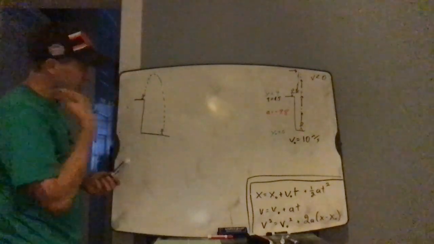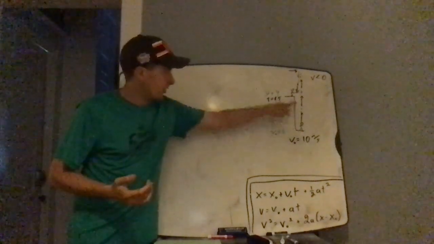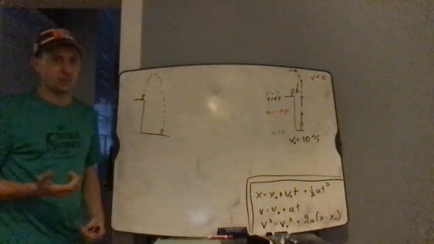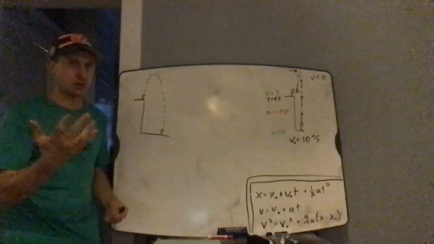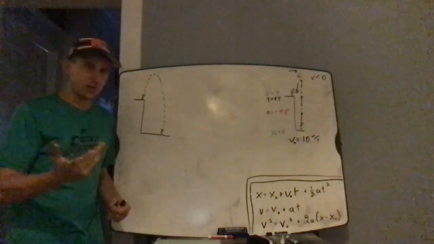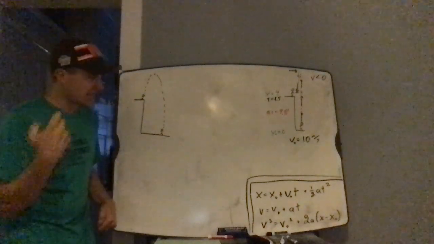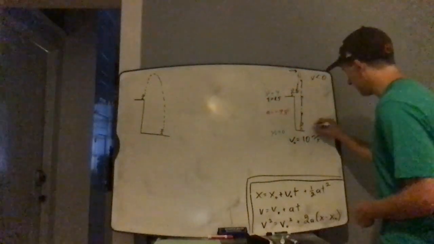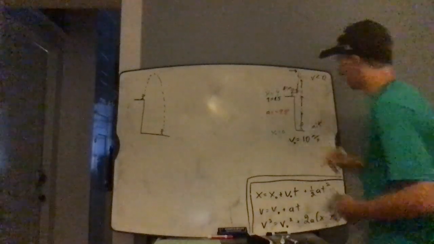Now, in this problem, for the first two parts, we said initial and final. But sometimes you could have problems that are a bit more extensive than that. So initial and final are arbitrary based on whatever is useful to you at the moment. For parts A and B of this problem, I said this was initial and this was final down here.